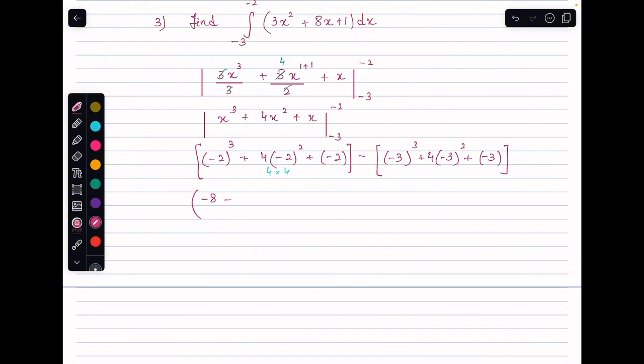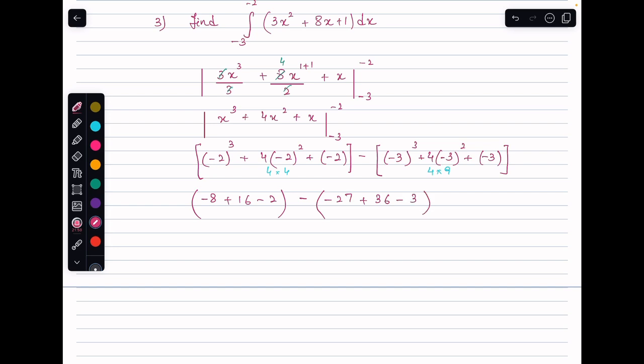So this is a positive 16, and plus negative gives me a negative 2, minus the lower limit. So negative 3 the whole cube would give me negative 27. Negative 3 squared would give me 9. So this becomes 4 times 9, that is going to be 36, and then plus negative is a minus 3.